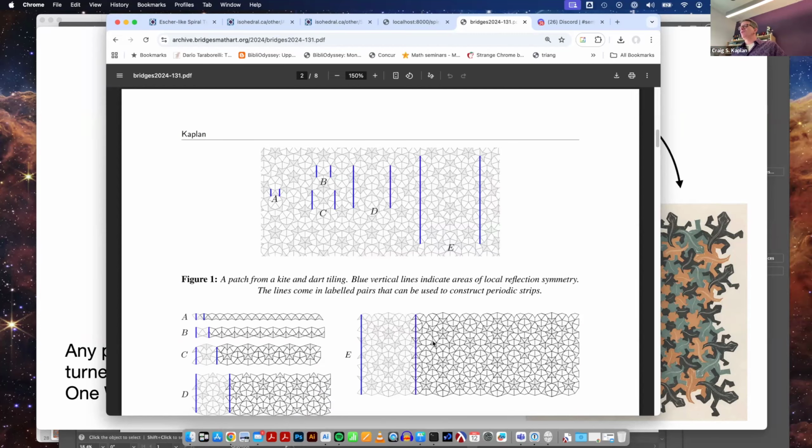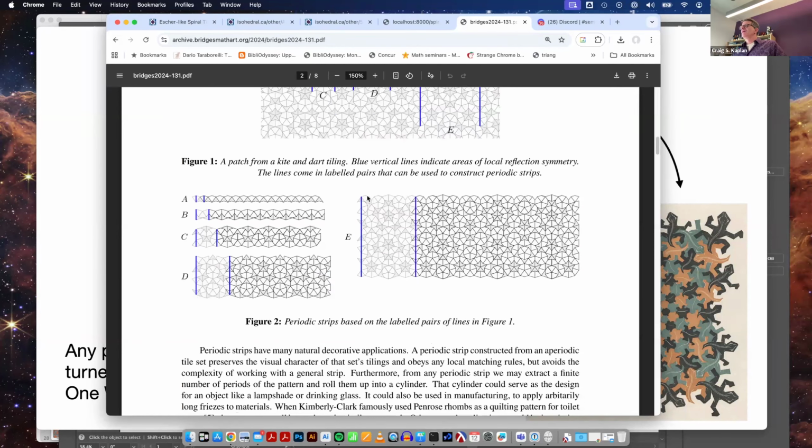So I could, in principle, like this strip here that repeats periodically horizontally, turn that 90 degrees and line that up with my 0 to 2 pi strip in the complex plane and take the anti-Mercator of that.